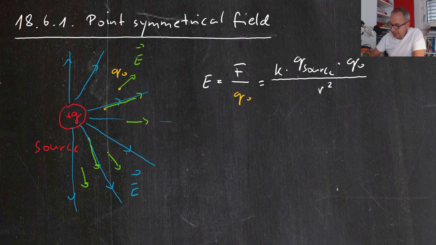And this we have to divide by Q0. We can simplify. The Q0 drops.